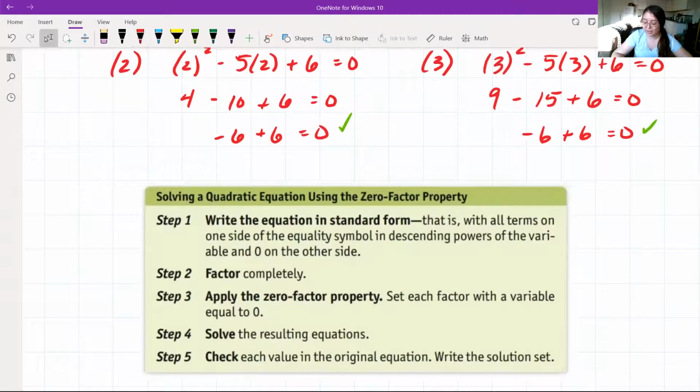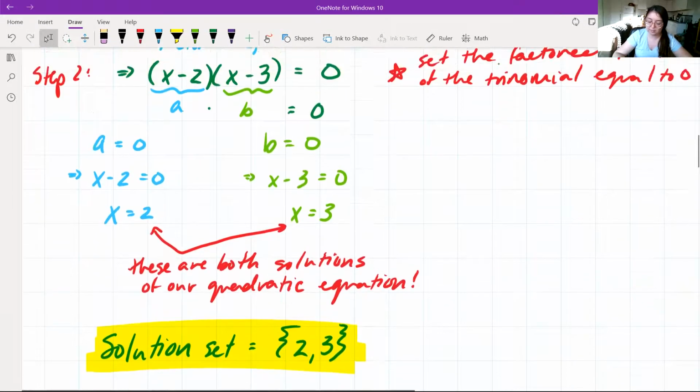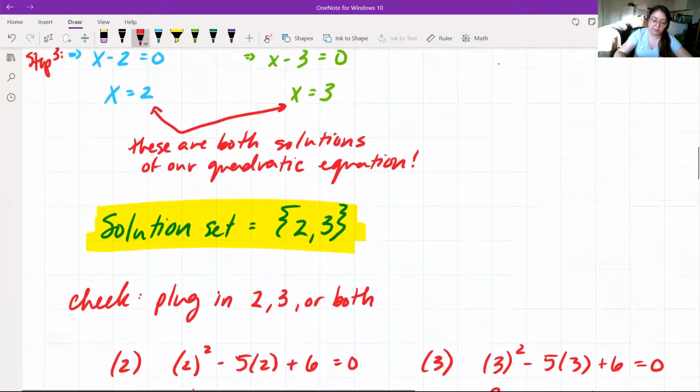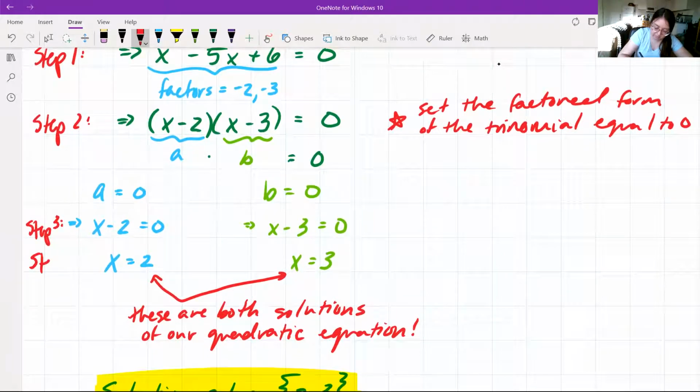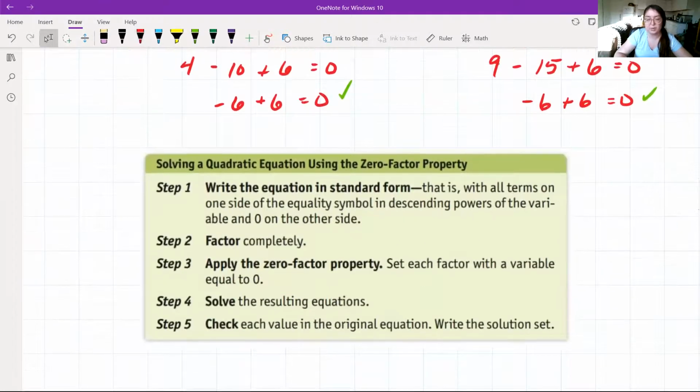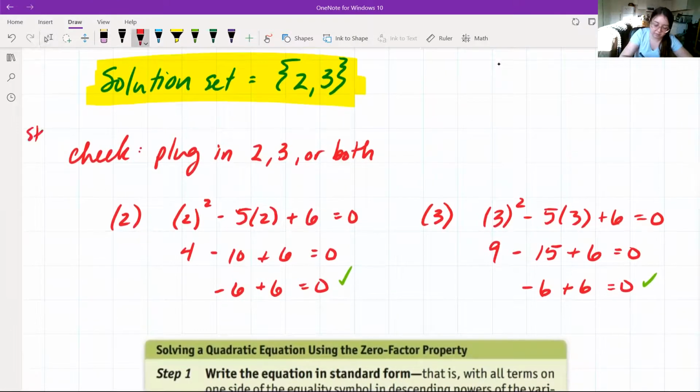Step three, we applied the zero factor property. Step four, solve the resulting equations, which was the step here. And step five, we just want to check.